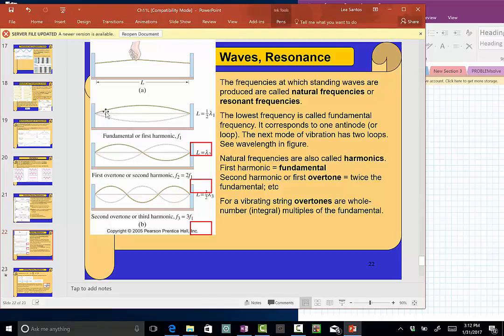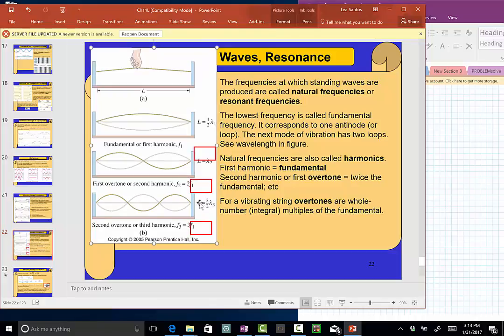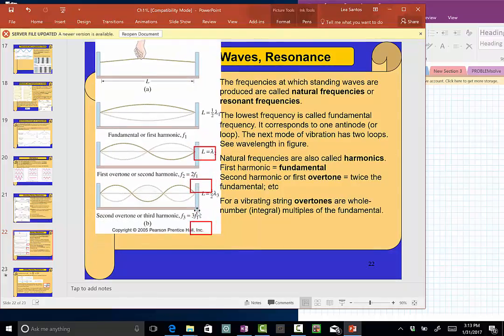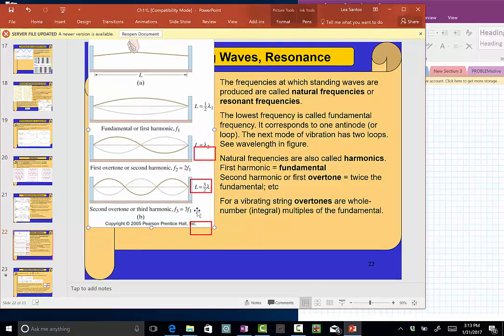So I'm going to say that with this L, I got just half of a wavelength. This is the equation that we are going to write. Now, you see this little index 1 showing up here. This is just to tell us this is the first harmonic, okay? Nothing else besides that. Okay, let me improve this drawing a little bit. It shifted a little like this.